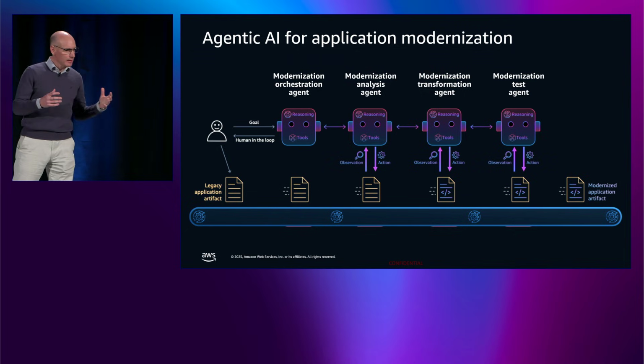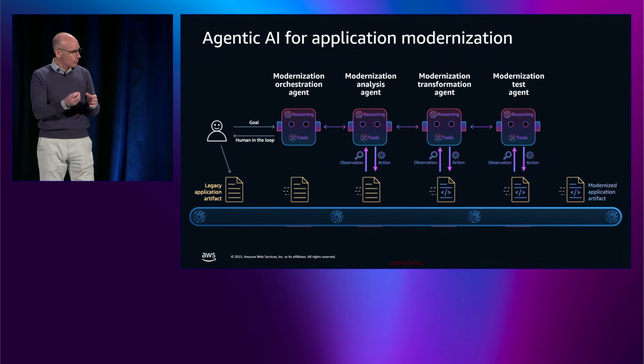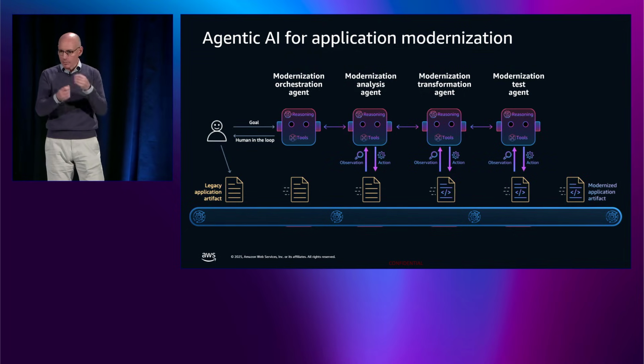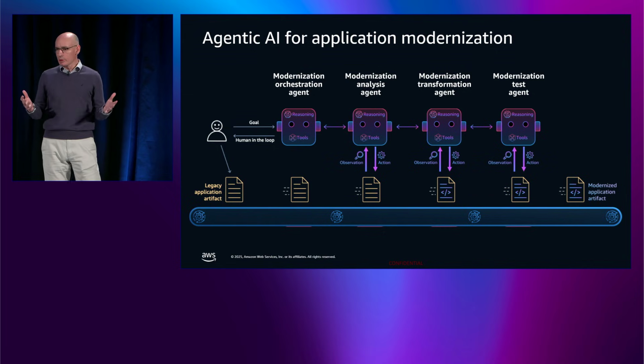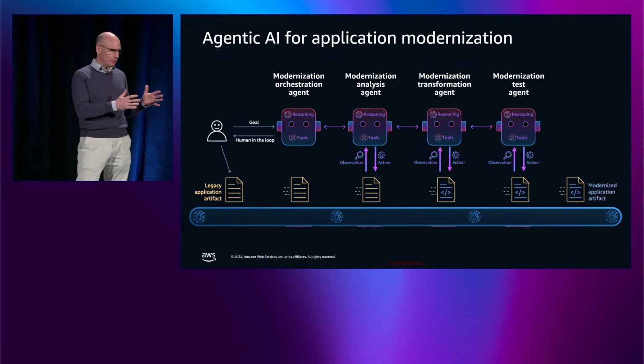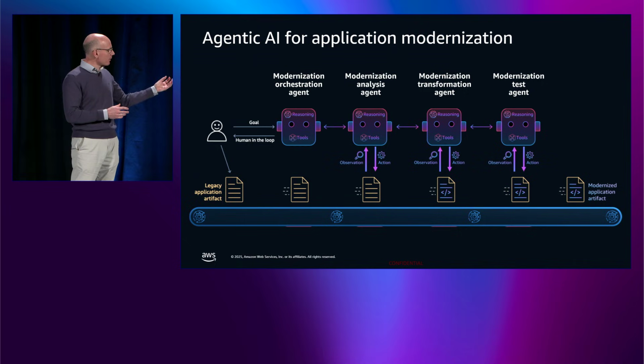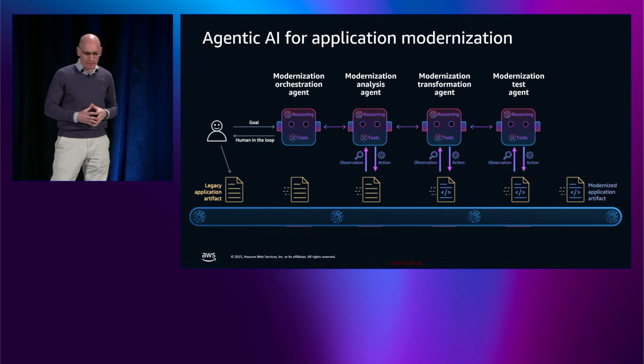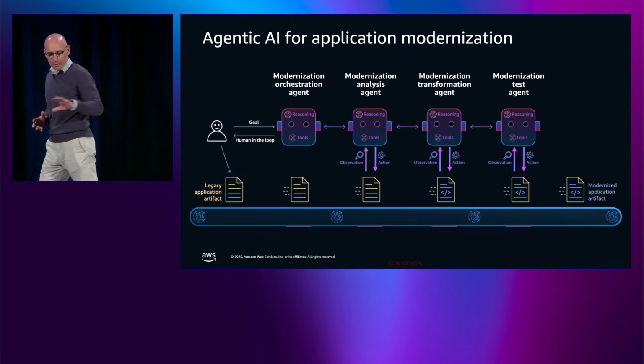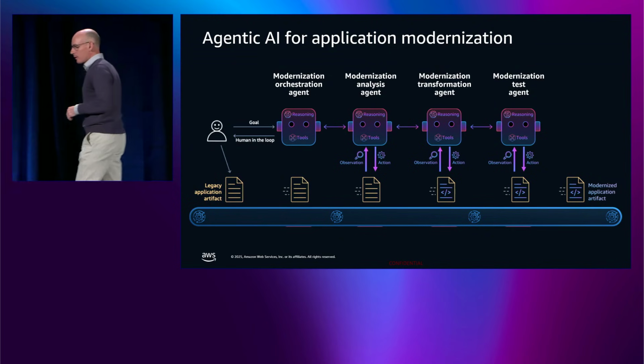But the idea is that each of the agents would be able to observe the input, execute some parts of the modernization activities, and then provide some outcomes. And the way we would do it at scale is that for a legacy application, we would put all the application artifacts, for example, in a repository, have the agent have access to that repository, and over time modernize each of the artifacts so that the full application can be modernized at scale. So all this really helps to reduce the modernization timelines.